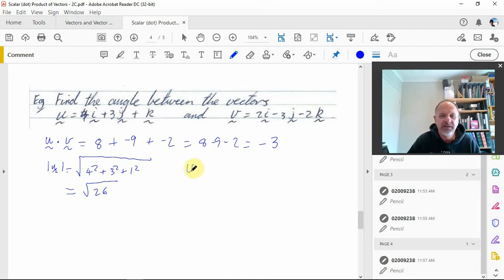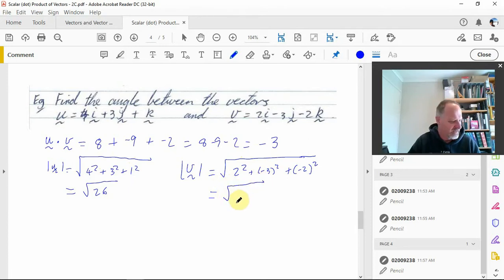And the magnitude of v is the square root of 2 squared plus negative 3 squared plus negative 2 squared. When you figure those out, you get root 17.